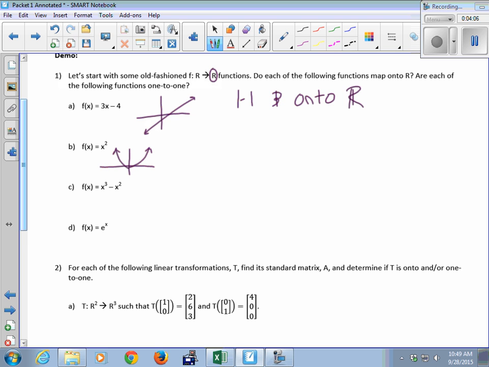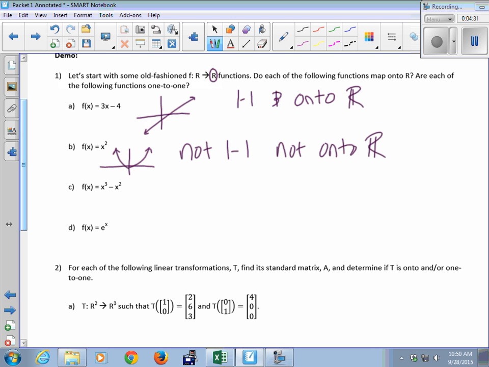So for A, it didn't matter because it passes both, right? But for B, it does not pass the horizontal line test. So this is not one-to-one. It's a function, but it's not one-to-one. Is the range all real numbers? No. So this is not one-to-one and does not map onto R.